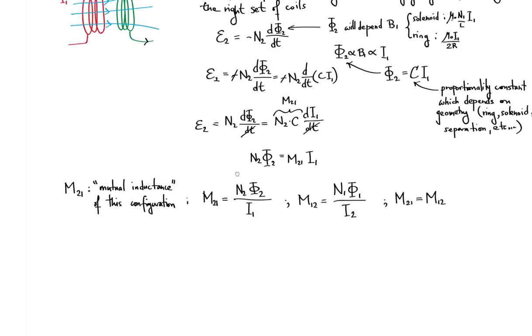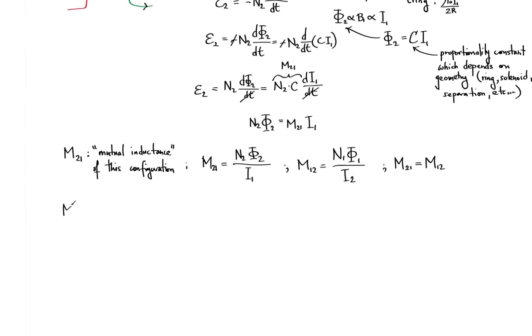So what the mutual inductance tells us is basically that E2 is going to be equal to, or actually, if I go back here, there was a minus sign, because N2 times C, our proportionality constant, was M21.